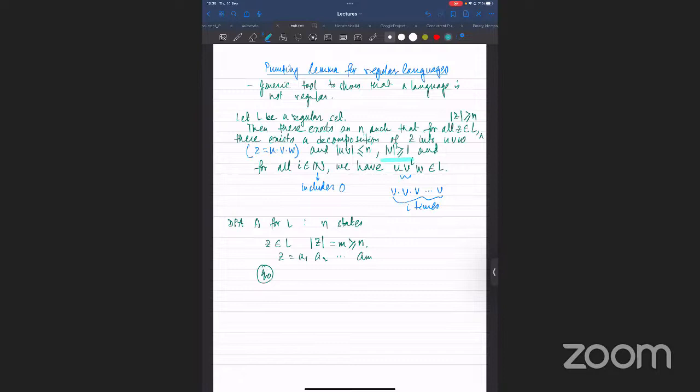And so the length of UV is of course less than or equal to N, but V itself is of length at least 1.